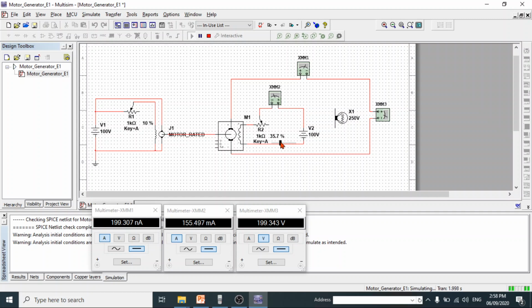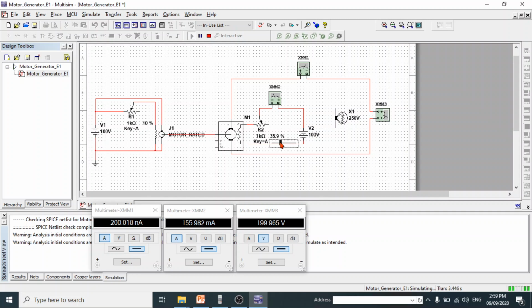For simplicity, you just need to click this one and then use the arrow keys on your computer. When you press the arrow key to the right, you notice that the percentage of the potentiometer value changes.